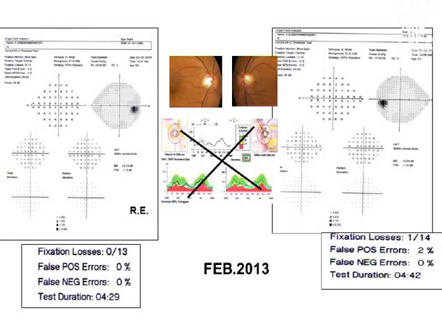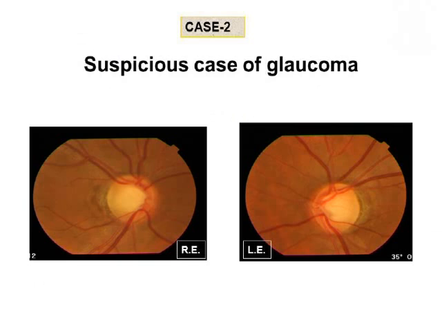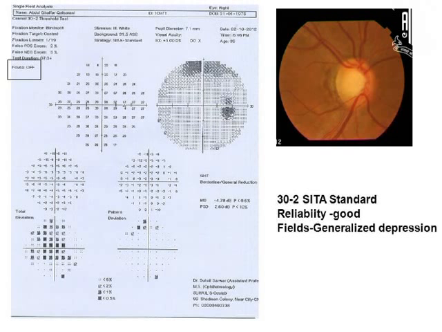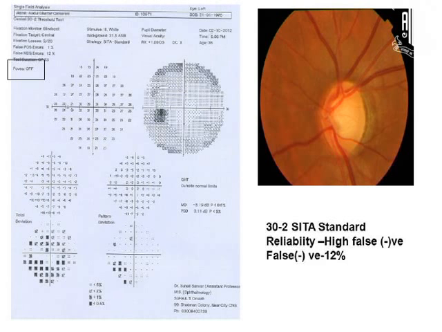I will show you another ophthalmologist's approach. He suspected glaucoma. He is a very senior army officer in Pakistan, seen by an ophthalmologist. Actually this is showing a generalized depression, because the pattern deviation probability is normal. Generalized depression almost, but okay.